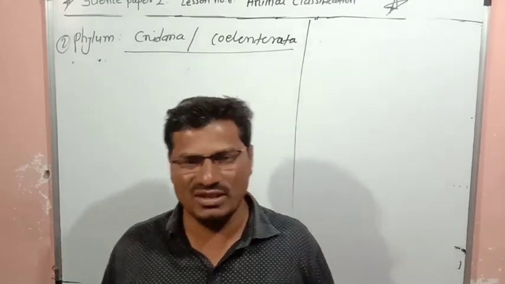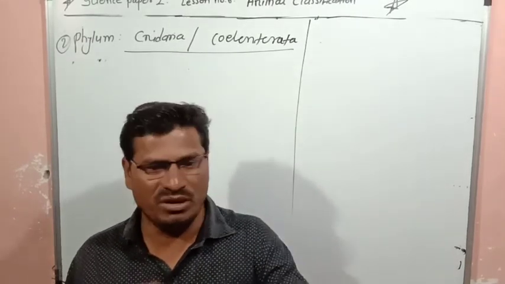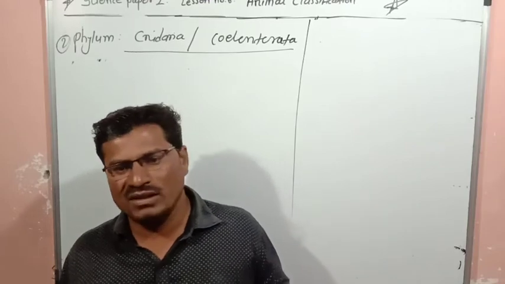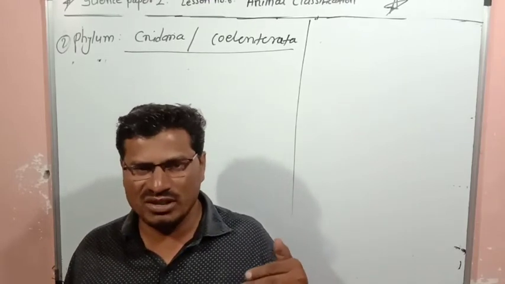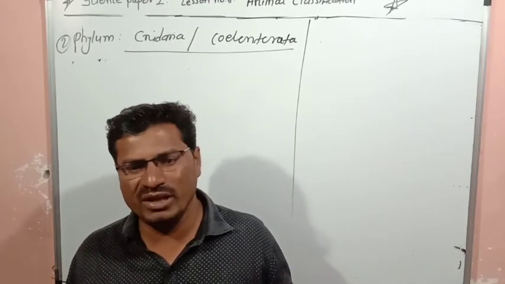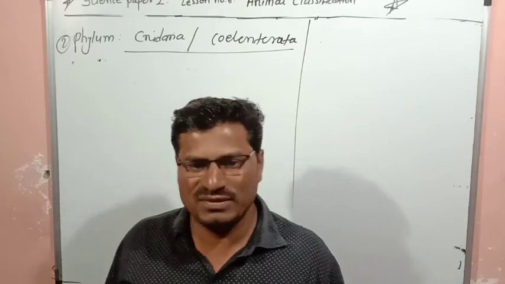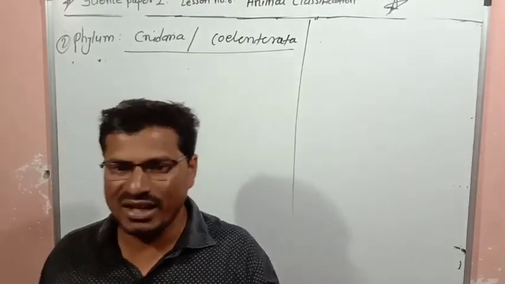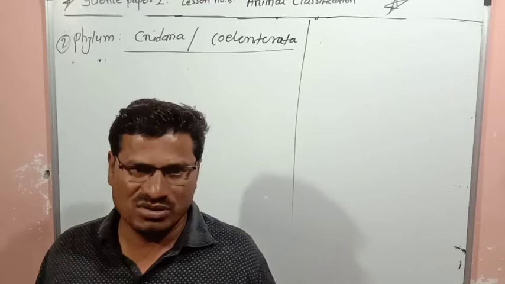Two germ layers are there, endoderm and ectoderm. These Cnidarians bear nematoblasts, and they bear tentacles around their mouth.